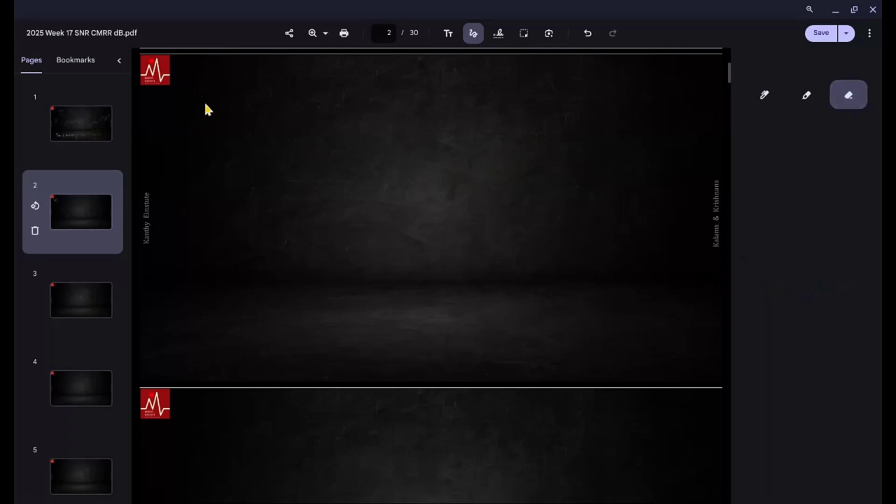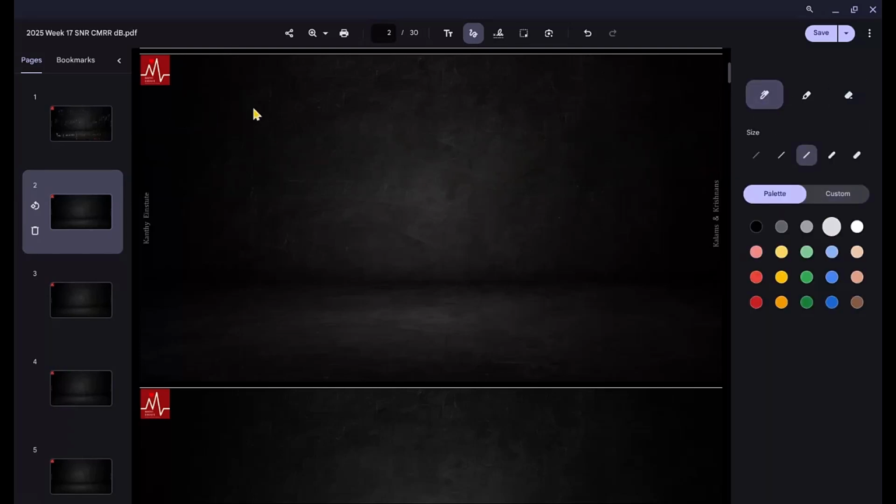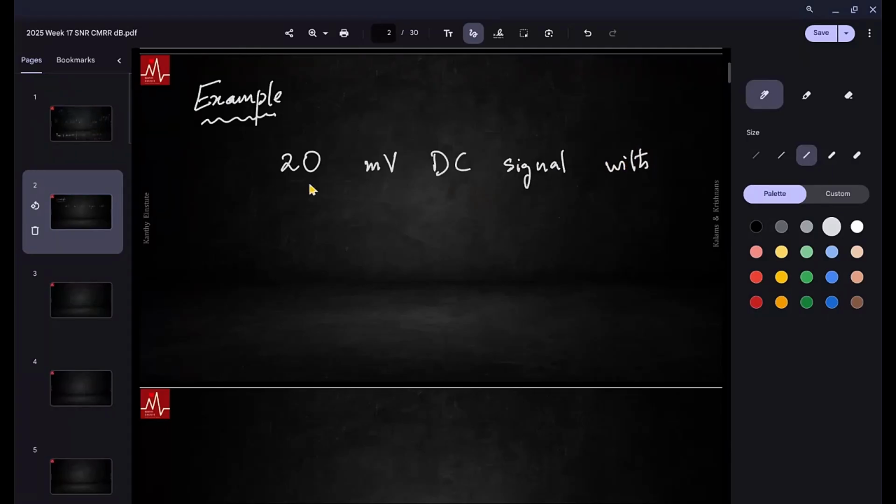Now the second question. This is going to be our example for the day. This is a 20 millivolt DC signal with, let's say, 10 millivolt noise.